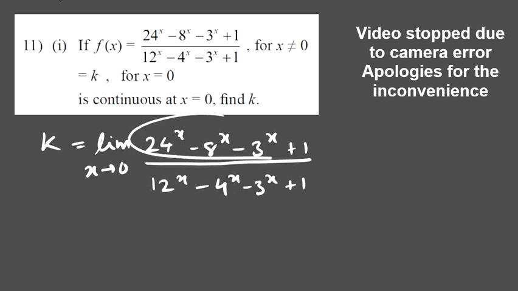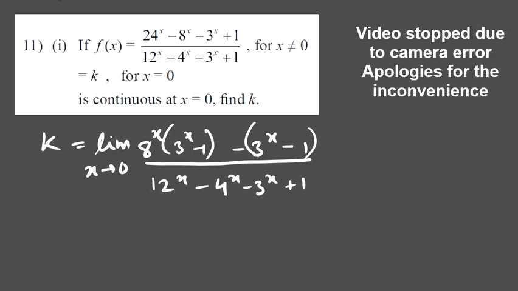So when you factorize the numerator, 24 power x can be written as 8 power x into 3 power x. You can pull out 8 power x common from here. So that will give you 8 power x into 3 power x minus 1. From these two terms, you can pull out a minus sign common. So that will give you minus of 3 power x minus 1. 3 power x minus 1 can be taken out common from the two terms.